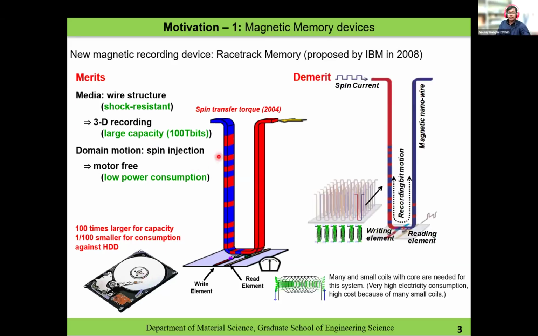While we are writing data, we need a coil to write the data. So, consuming a coil: like we have one nanowire, for that we need one coil. But exactly we can't say that IBM will be using this idea. This is the conventional idea to write data. If IBM will think to use this idea, then that is very high energy consuming. So how to solve this problem?